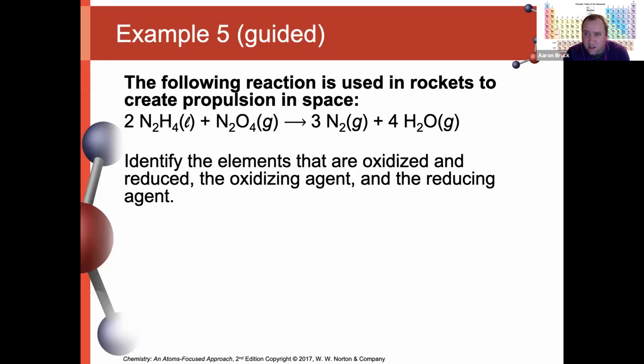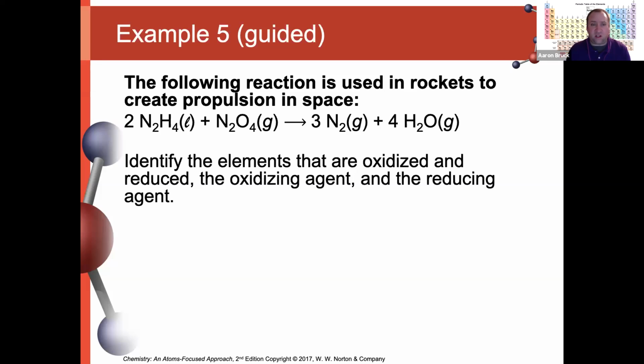This is the reaction that ultimately allowed our astronauts to go from the Earth to the moon and then back again. If they have to do any kind of getting around, this is what they do to set themselves up for re-entry angles, the whole thing. So this is the reaction that takes place.